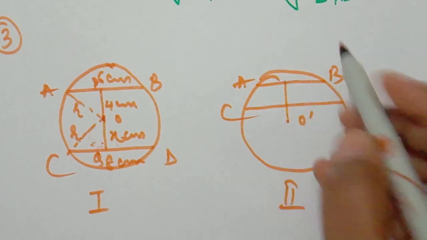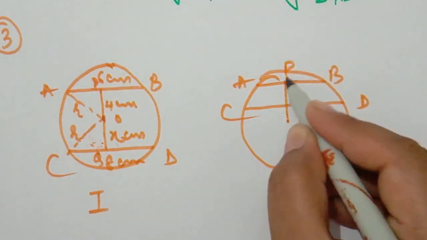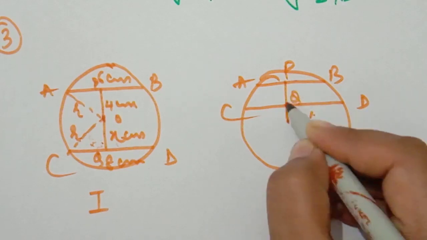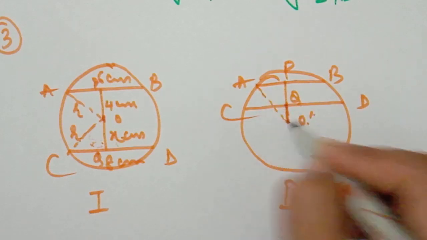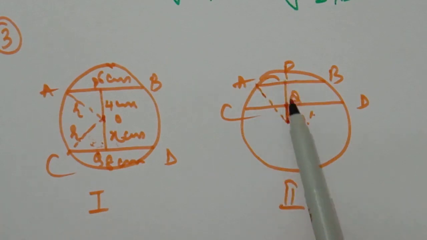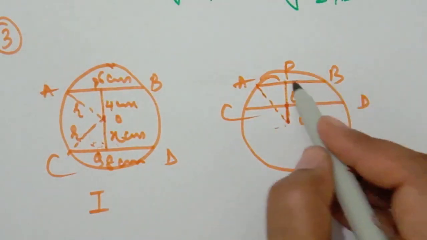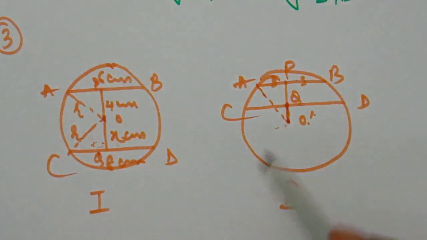So O dash P is already 4 cm, and we have to find O dash Q. First of all, you will take triangle APO dash, in which you know that this is 6 cm, so this is 3, this is also 3, and this is 4 cm.